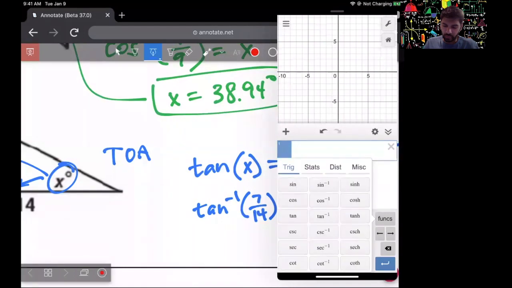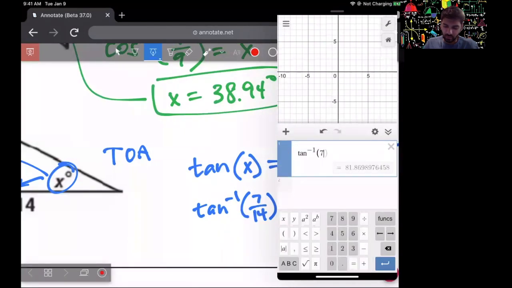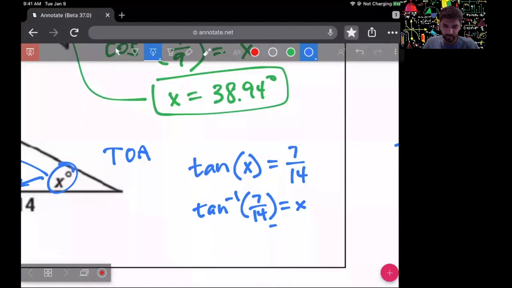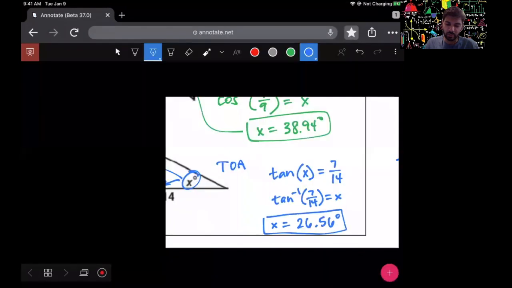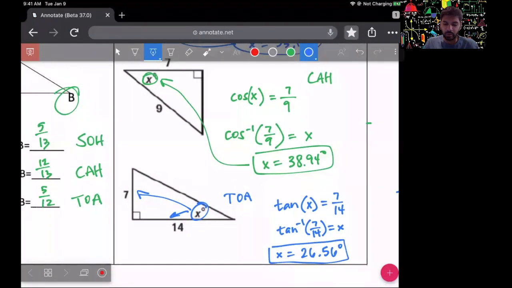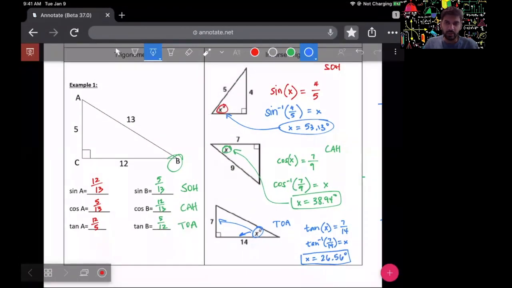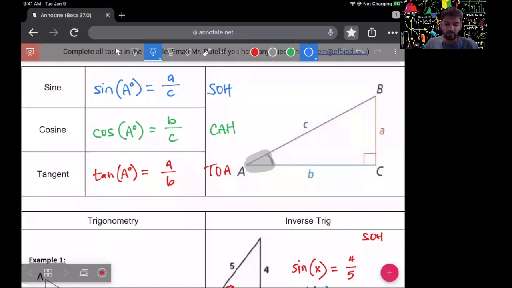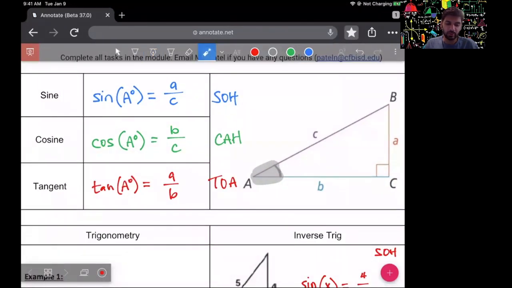We've got inverse tangent of 7 over 14, which is 26.56. And x equals, there we go. There's your angle measure.